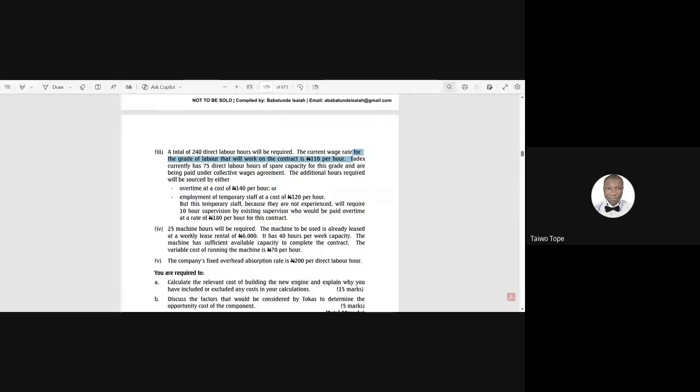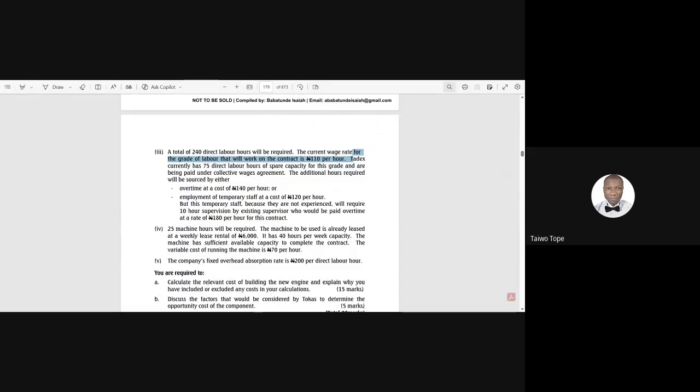So if we engage overtime, how much are we going to pay overall on 165 labor hours? 23,100. Fine.